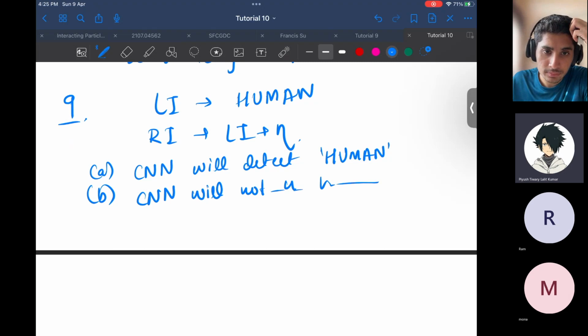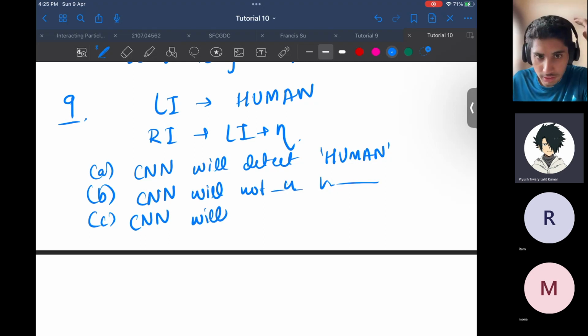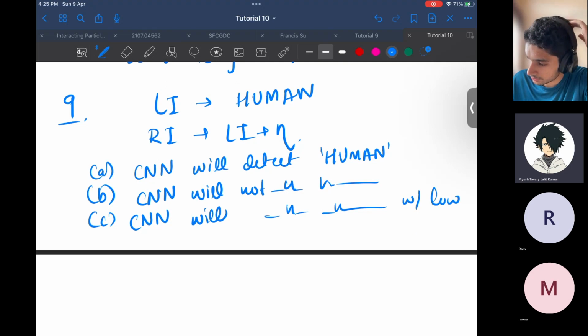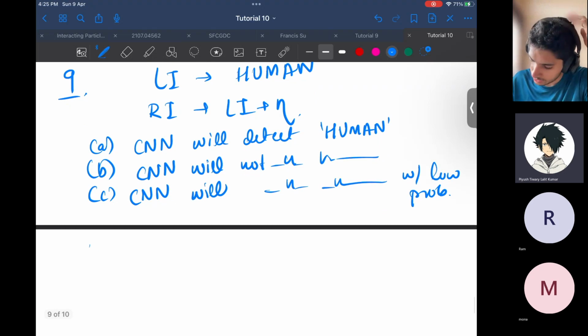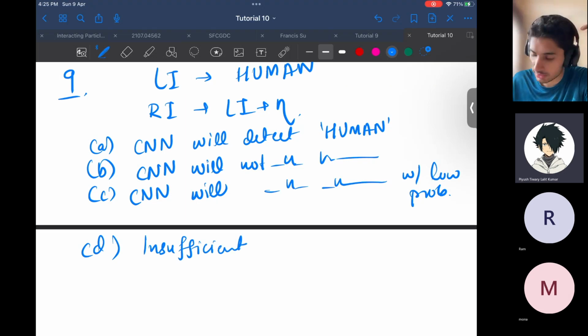C: CNN will detect a human, but with low probability. And D is insufficient input.